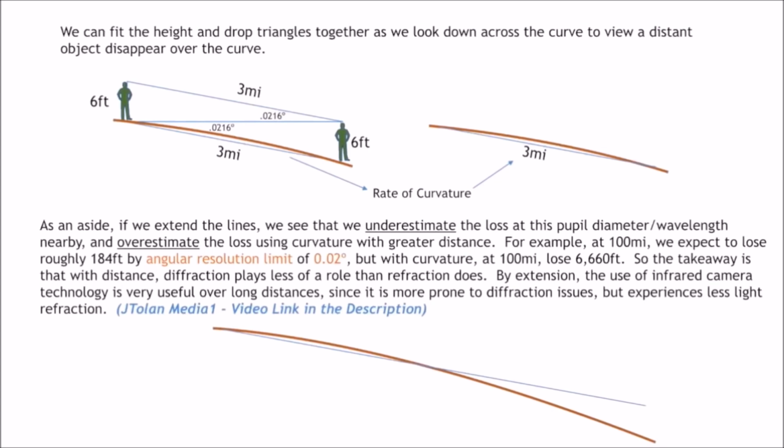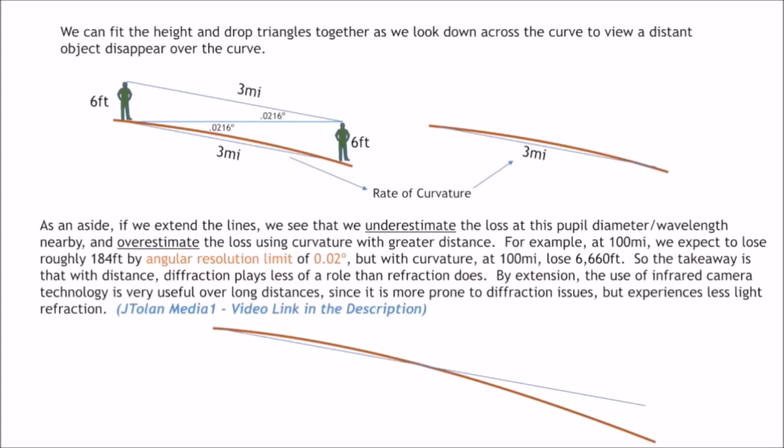But with curvature at 100 miles, we're losing 6,660 feet. So the takeaway is that with distance, diffraction plays less of a role than refraction does. That's the takeaway here, because we do see the bottoms of things lost at a greater rate than simply 184 feet at 100 miles.